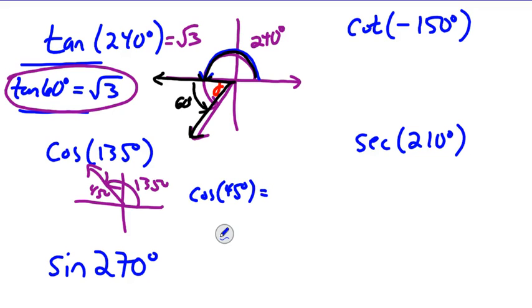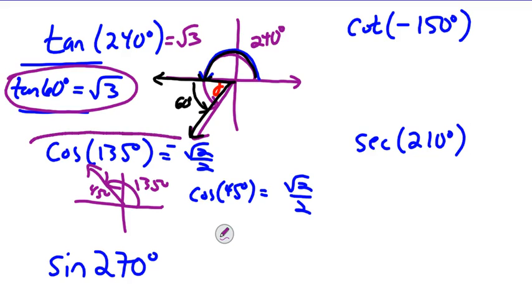It's an easy one: root 2 over 2. That means the cosine of 135 is root 2 over 2, but it might be negative, so I decide if I attach a negative. Is cosine negative in quadrant 2? Yes, because the x value is negative there. So that's my answer.